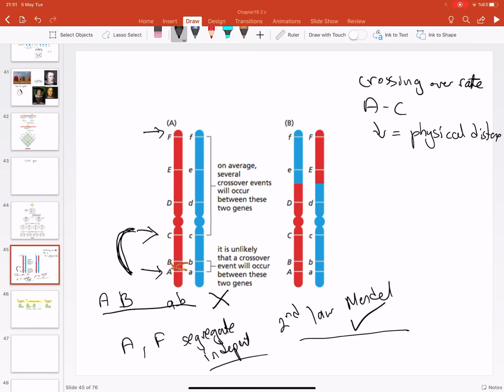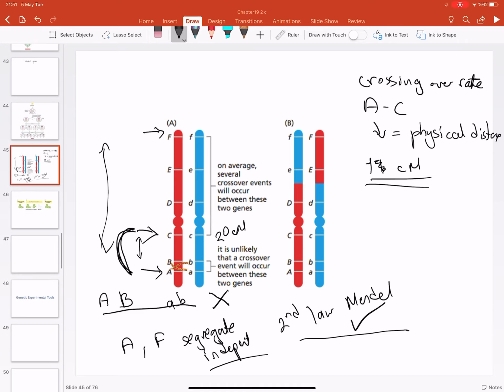The closer they are, the less crossing over they will have. The further away they are, the more crossing over they will have. And it is called 1 centimorgan. 1 centimorgan means 1% possibility of being segregated by crossing over. I could say that they are like 20 centimorgan away from each other. So they have 20% chance of following the second law of Mendel.